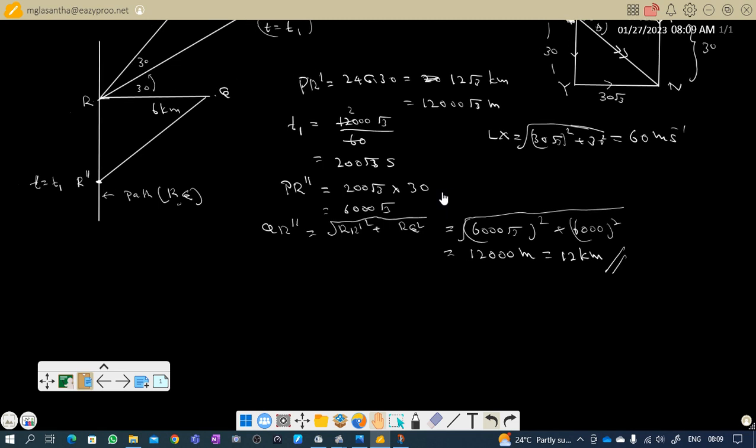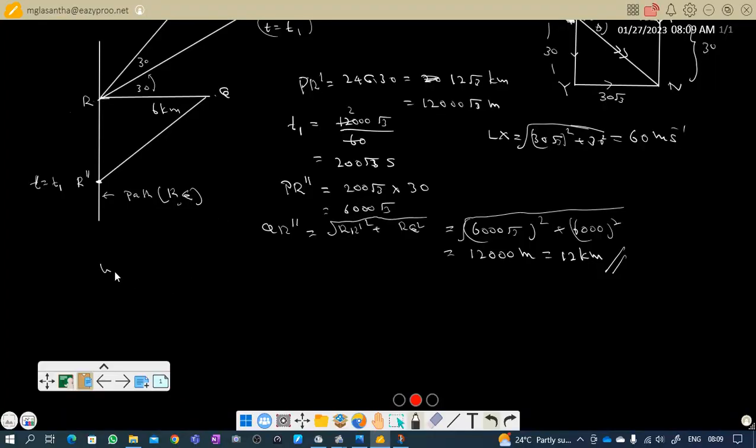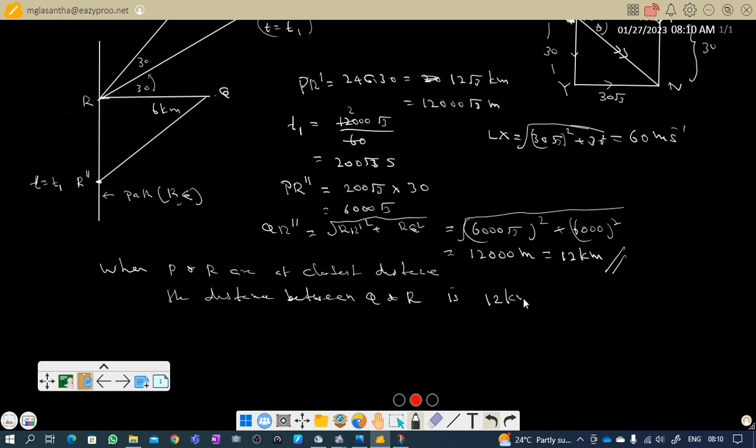Therefore, when P and R are at closest distance, the distance between Q and R is 12 kilometers.